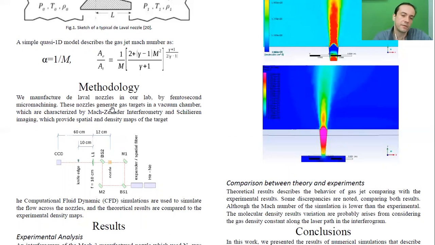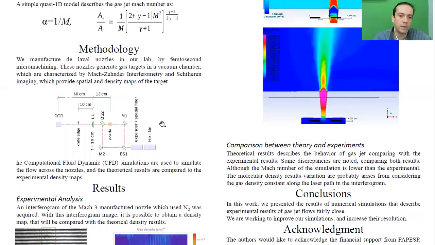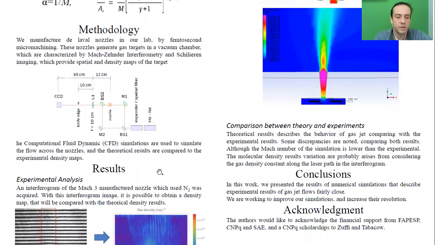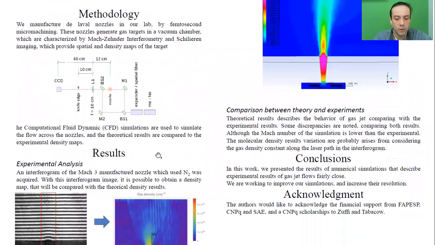More details of this manufactured nozzle can be seen in the work of Bruno Chiometto, titled "Development of de Laval nozzles for laser electron acceleration by ultra-short pulse micromachining." This work will be presented in this conference.